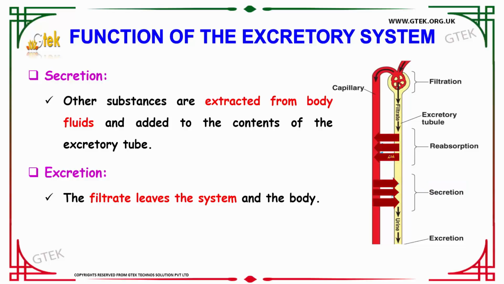That is, again, the waste products after reabsorption are secreted. Now these products after secretion generate your urine, and that is excreted from the body, which is known as the excretion process. The filtrate of urine leaves the system and the body.